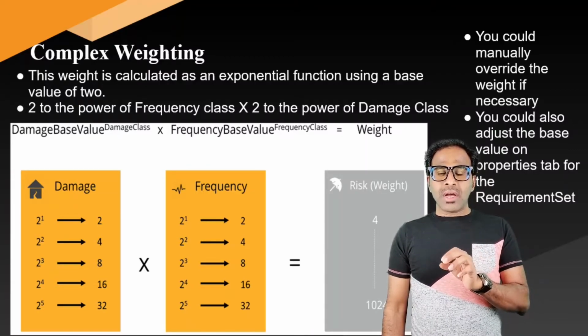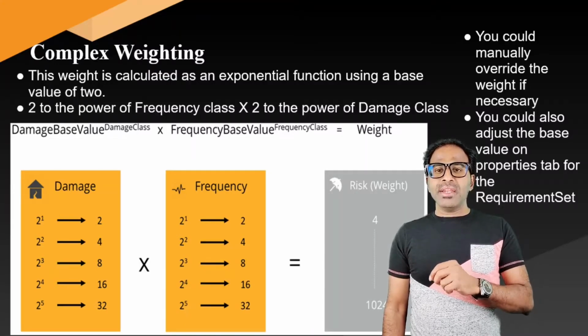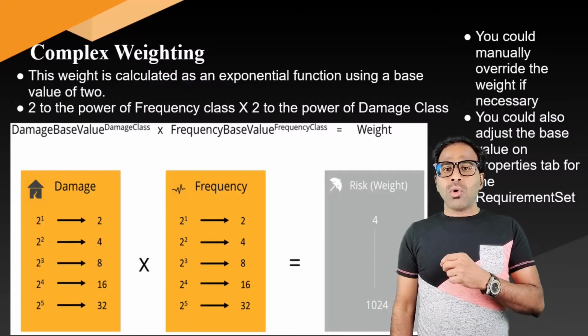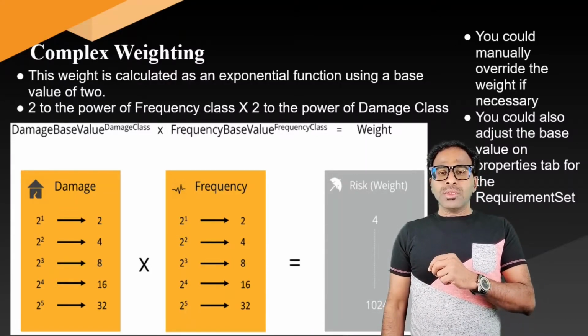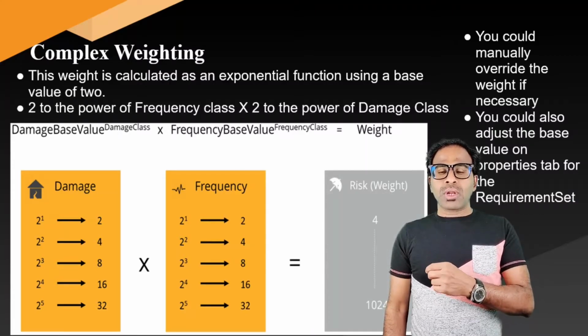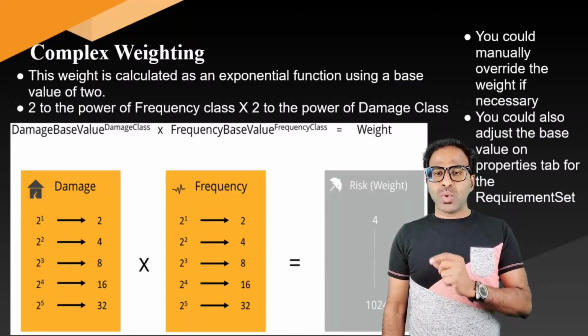So Tosca automatically gives you the complex weightage. But in case you want to override the Tosca calculated value, there is an option to override by providing the value manually. That is one advantage.